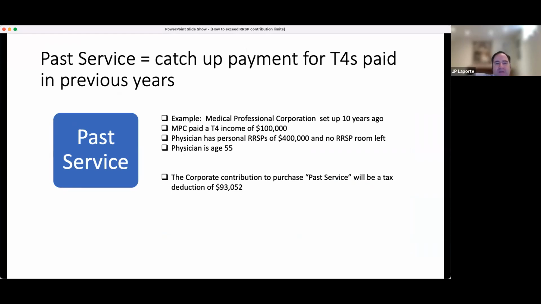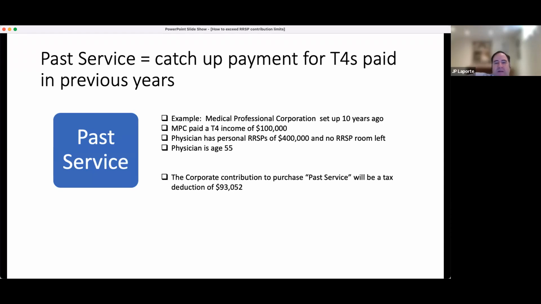Past service. What do I mean by past service? Well, this is a catch-up payment that the Medical Professional Corporation that's sponsoring the pension plan is allowed to do when, in prior years, this Medical Professional Corporation was paying a salary or bonus to the doctor, to the physician, under the form of T4 income.